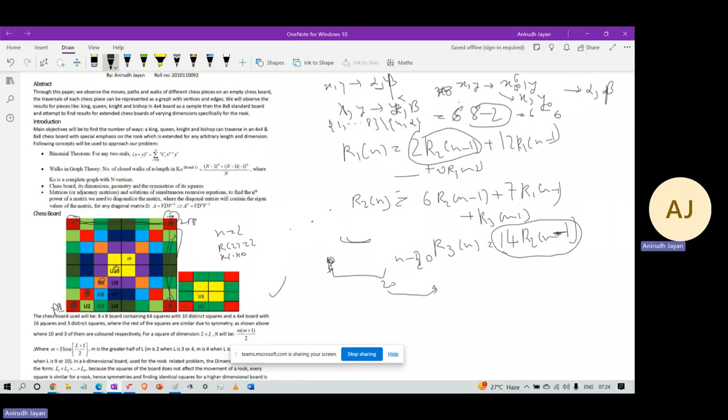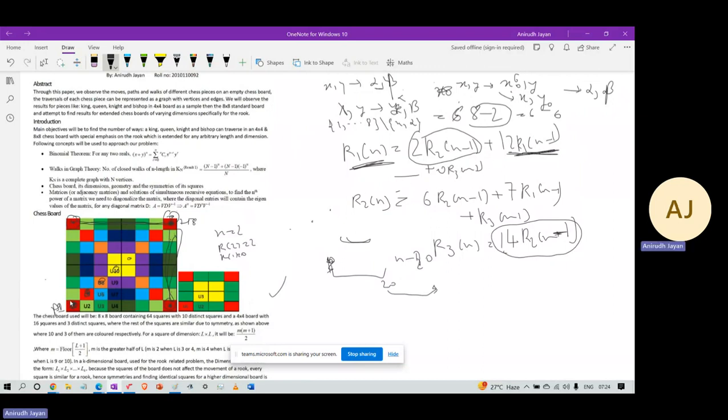So therefore, the number of ways to move from x naught comma y and x comma y naught to alpha beta is the same, since both have different horizontal and vertical components. So therefore, 6 plus 6 is 12. So 12 R1 has 12 times R1 of n minus 1 as a sum.